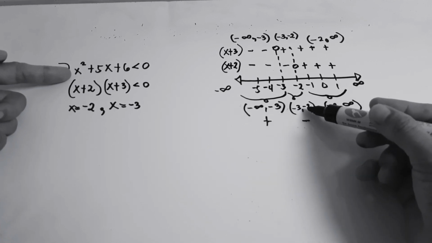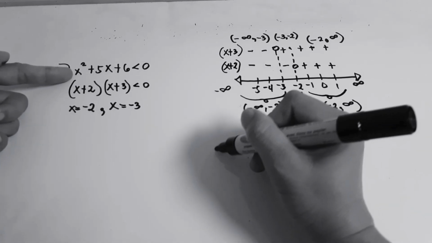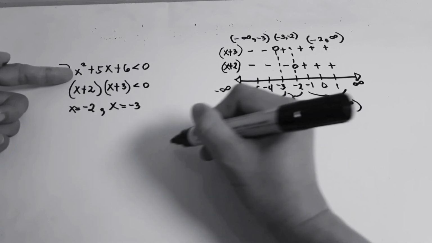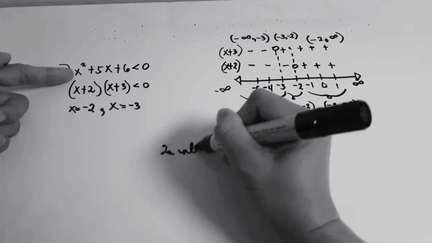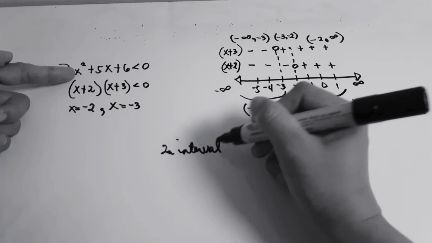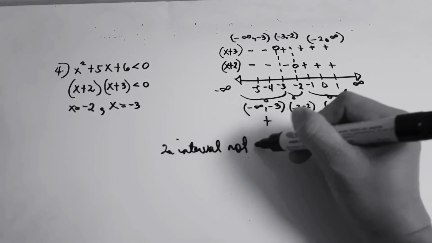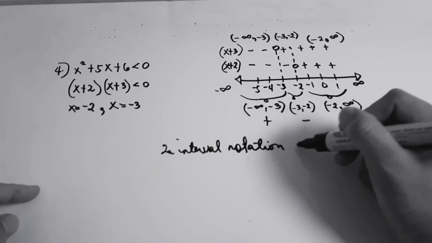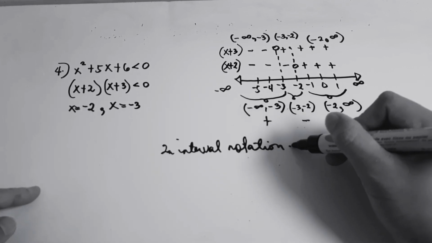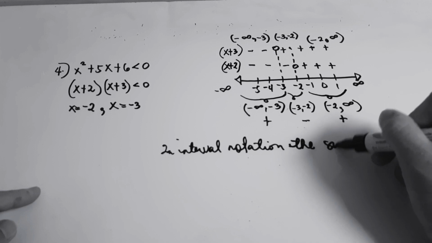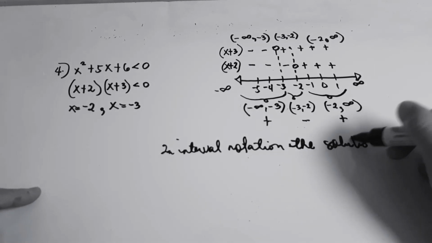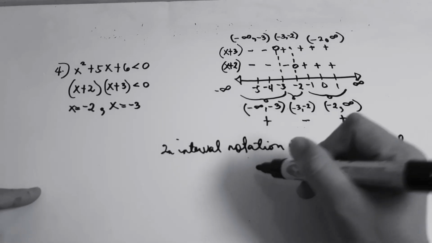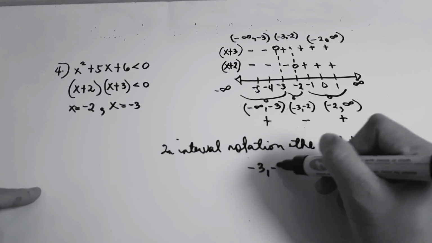negative 3 and negative 2 is the solution set in interval notation.